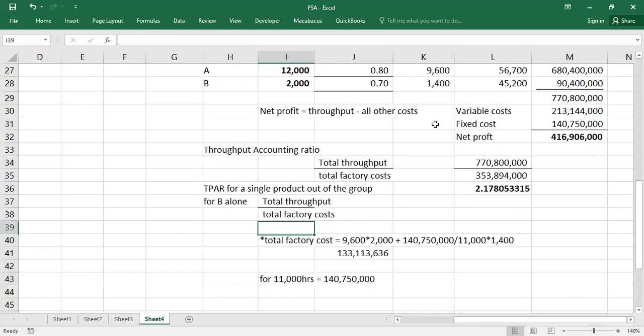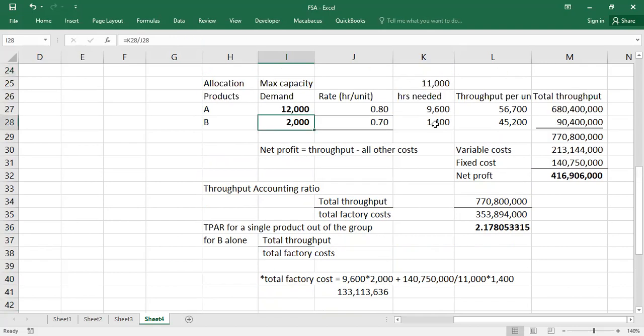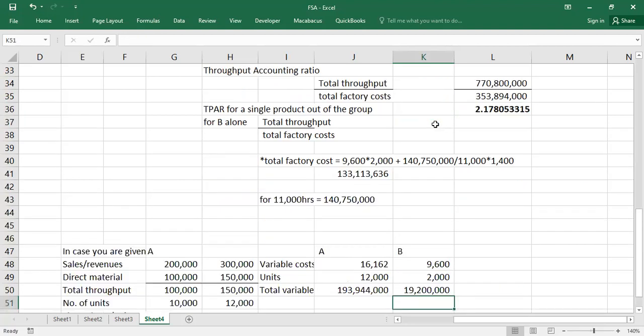B just consumed only 1,400. So because of that, this fixed cost is apportioned based on the factory hours. That's how we end up dividing by 11,000, because we're saying that for just 1,400, which was spent on B, I only have spent as much as that.